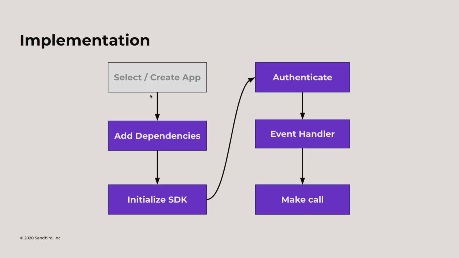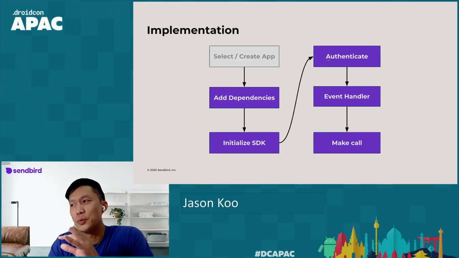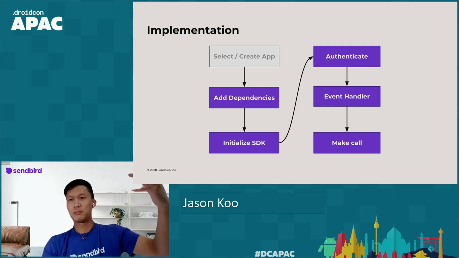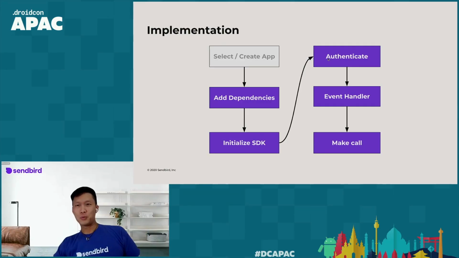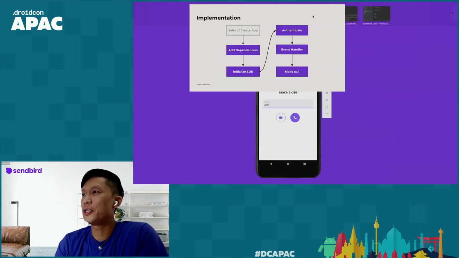We've already created the app inside Sendbird, so now with the code implementation, just like any other SDK, we're going to add the dependencies in the Android manifest and in the build Gradle files. Then we're going to pick some place to initialize the SDK. Then we will need to authenticate, which you will want to call from your own sign-on process, but our library needs to be authenticated as well. Then we will set up some event handlers and show you how to make a call. Okay, so back to the code.